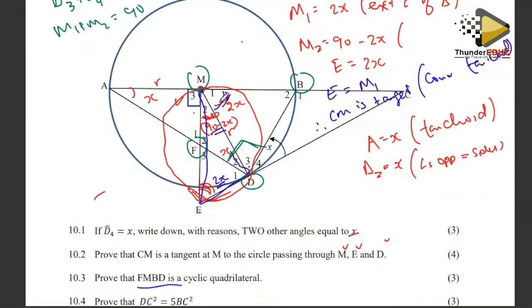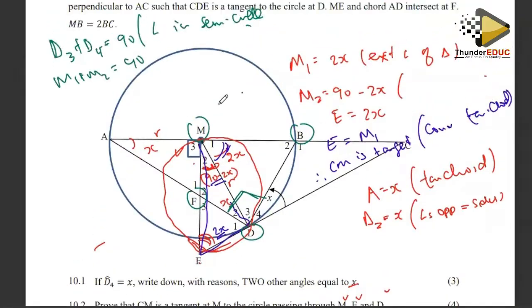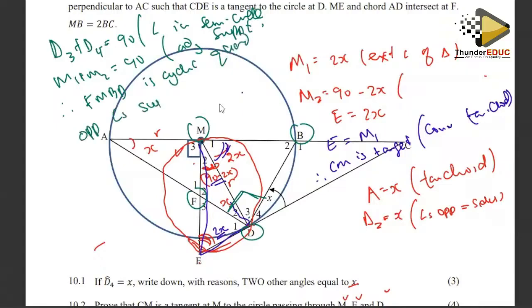I want to use just the exterior, the opposite angles being supplementary. So we say adjacent supplementary angles. So therefore, FMBD is a cyclic quadrilateral. Reason being, opposite angles are supplementary, so the converse of opposite angles being supplementary.